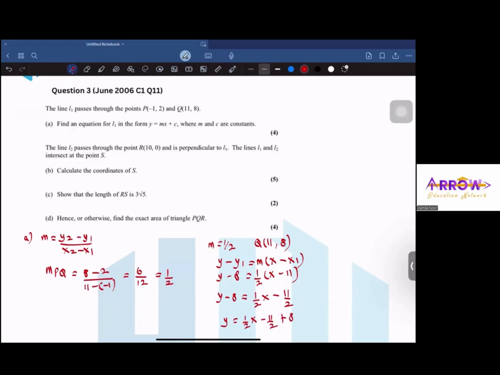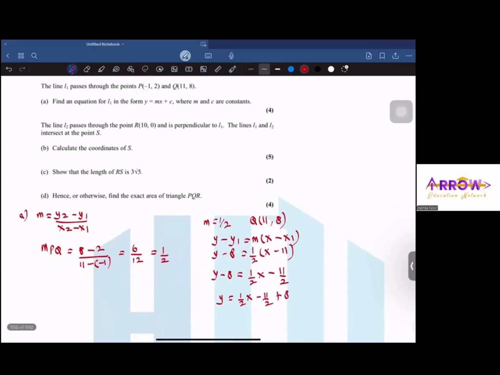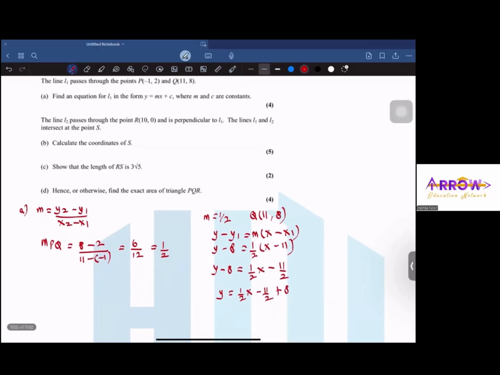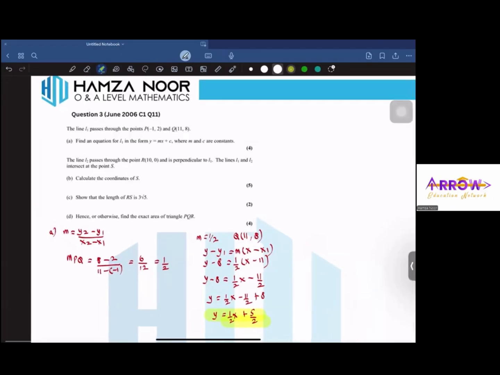So -11 over 2 + 8 is 5 over 2. So y = half x + 5 over 2. This is your answer, the equation of the line PQ. We have expressed the equation of the line PQ in the form y = mx + c.